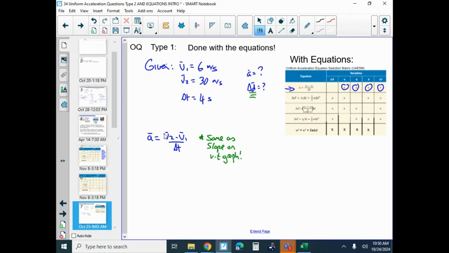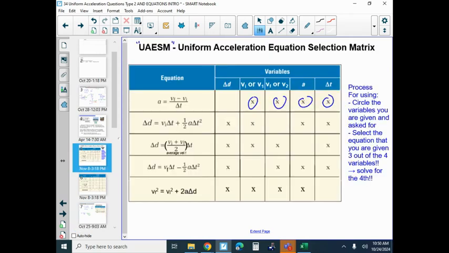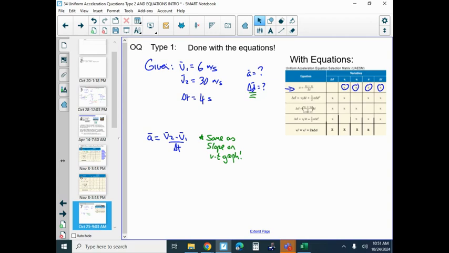So when you see this uniform acceleration equation selection matrix, or the UASM, basically you're like, I already know this one. We've already done this one. So there's really only 4 new ones, but they're complicated enough that they're not super easy to just get memorized.